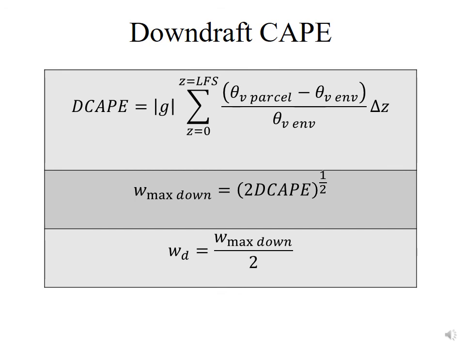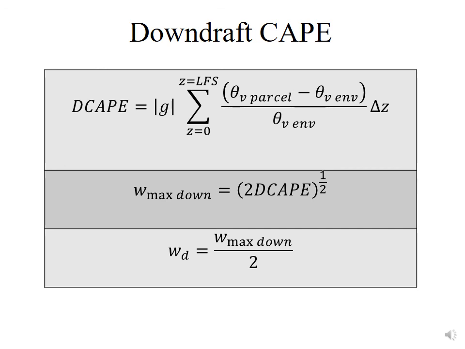We can now actually calculate the amount of energy associated with a downdraft by doing something analogous to the convective available potential energy, but this time we're going to do the downdraft convective available potential energy, or DCAPE, which will integrate essentially the negative buoyancy below the level of free sink, the LFS, which is a new term.